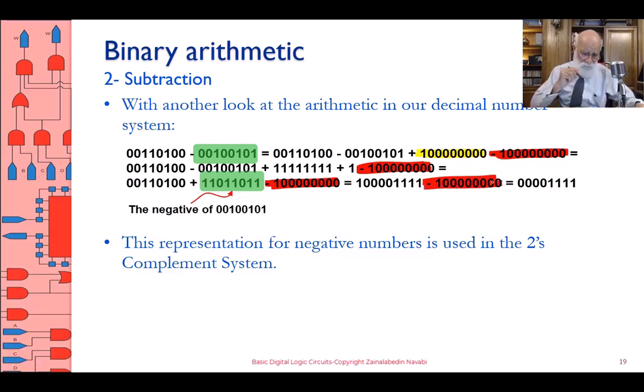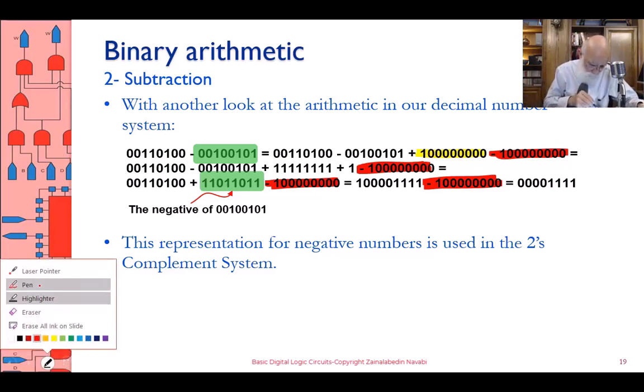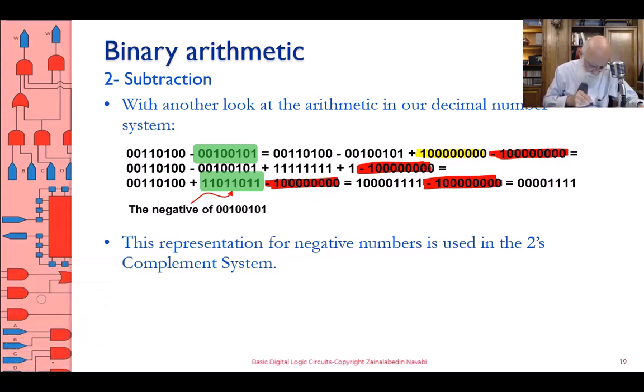All right, so what I'm doing is performing this subtraction, and I added 8 zeros, and the next step is I break down the 8 zeros into all ones plus 1.